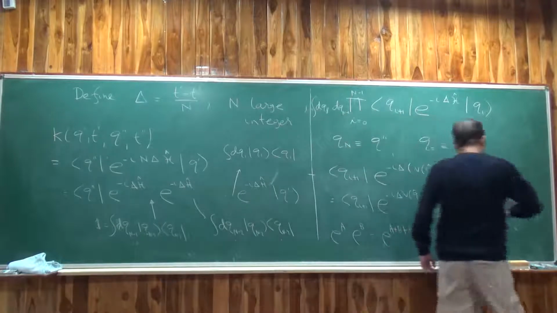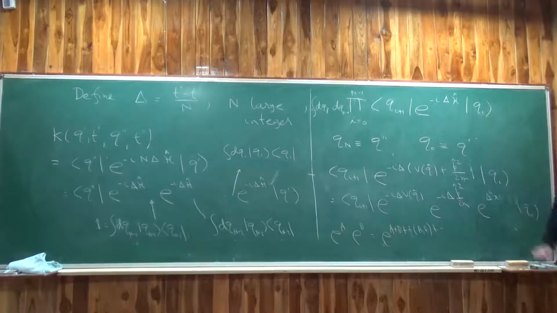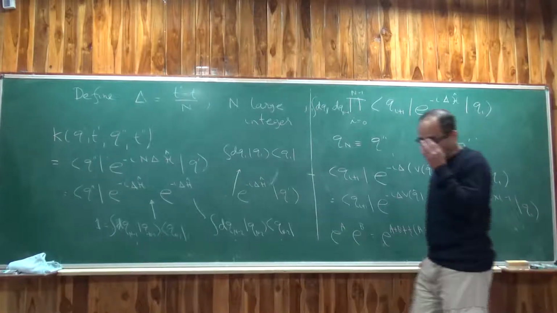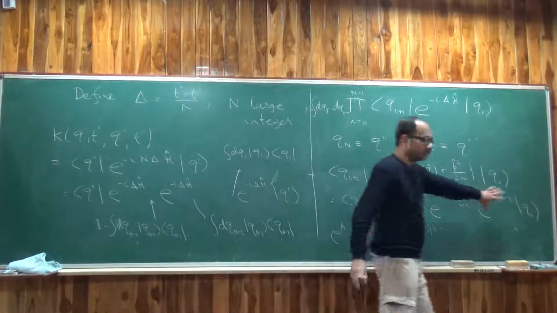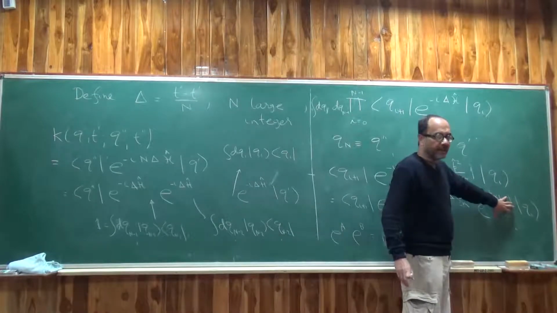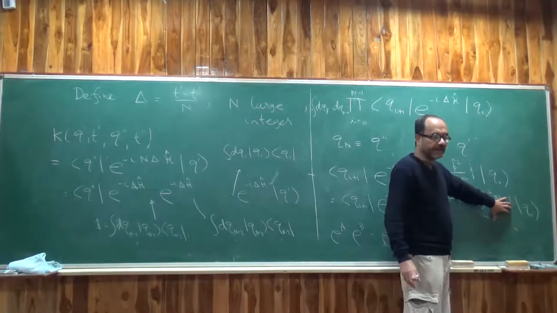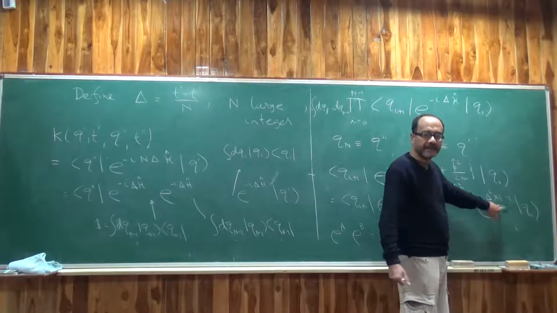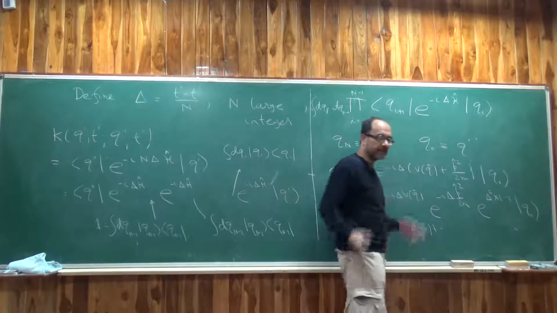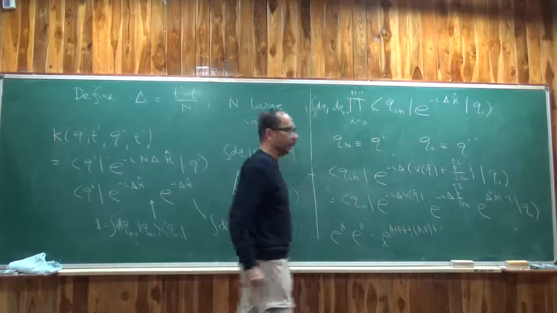And that's what I have written here. There are some corrections which are of order delta square, e to the i delta square. So if we ignore this, we will make an error whose percentage error is of order delta square, because when you expand it out, it's like 1 plus delta square times something. So the percentage error is of order delta square.